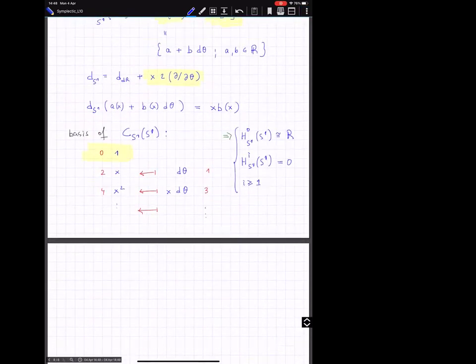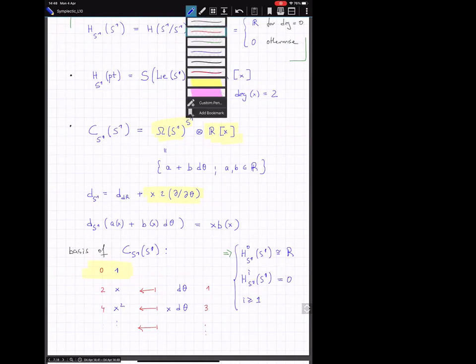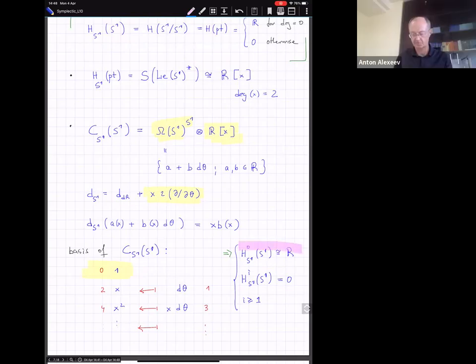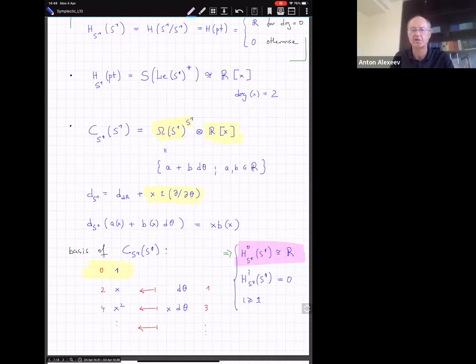I just wanted to understand what the zeroth cohomology is, because usually people talk about cohomology as derived functors of some functor. Yeah. So the zeroth cohomology. Yeah, it's okay in the example, it's clear, but for any connected manifold, as usual, that will always be the case.